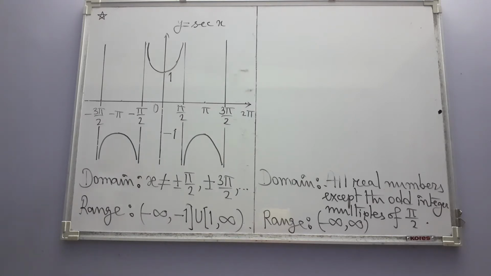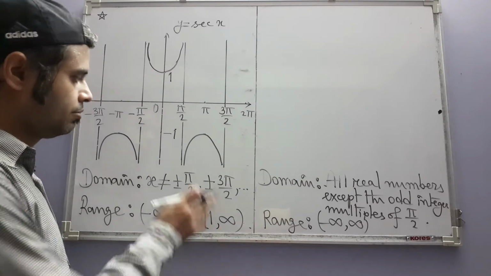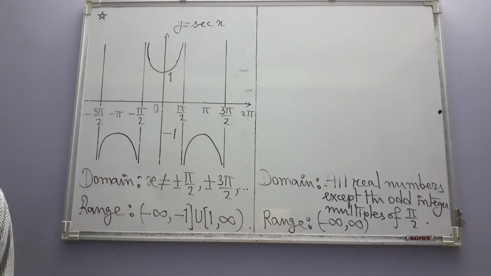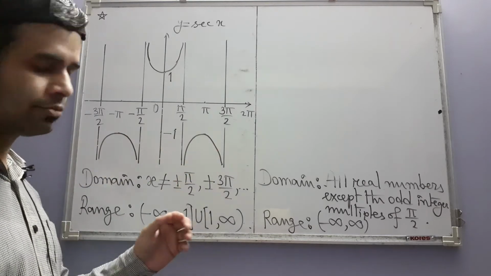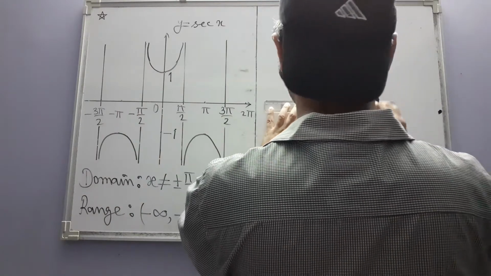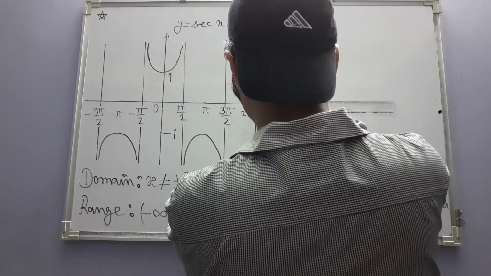Next we see the graph of cosecant x, which is almost like this, I mean shape wise, but the position is, you shift this graph and you get this graph. At least the general shape you get.